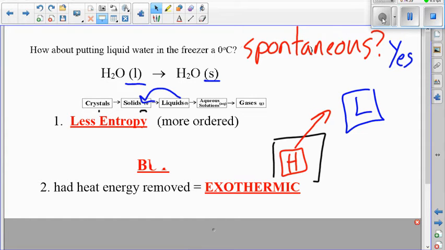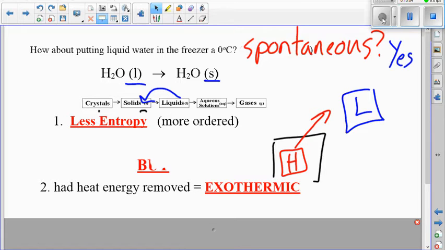If you're a really good shooter, but you're not that tall, you might be. If you're really tall, but not a great shooter, you're like Shaq, you might be. That's how it is with exothermic and increase in entropy. If you're both, you're in the NBA. If you're neither, you're not in the NBA. If you're one of the two, it's a maybe. Same thing with spontaneity, exothermic, and increase in entropy. That's kind of how it works.